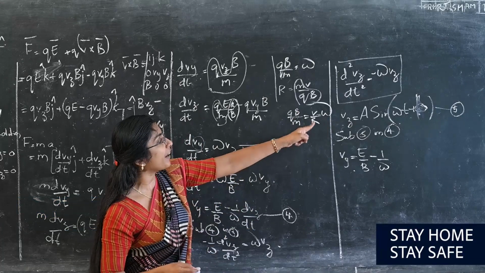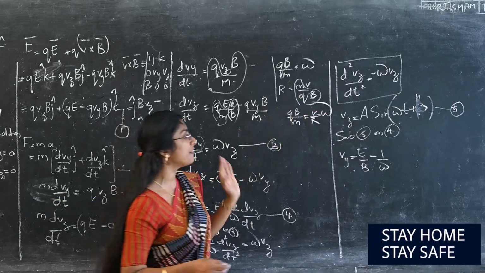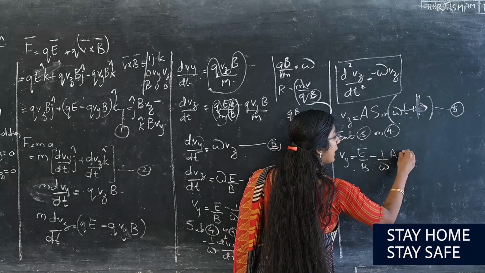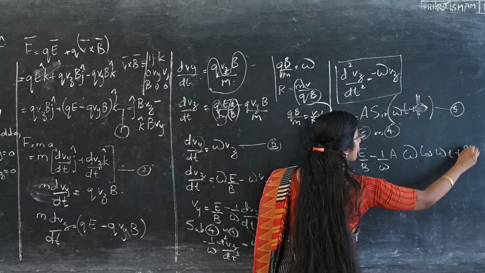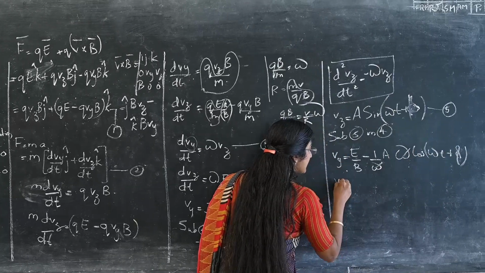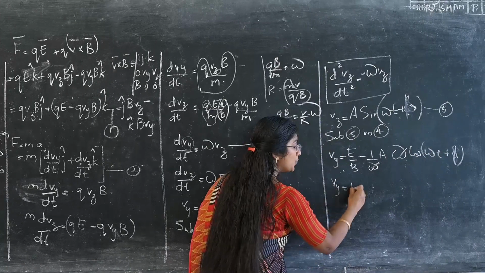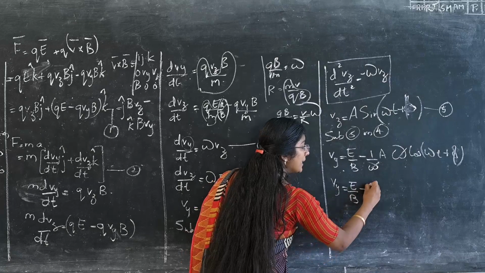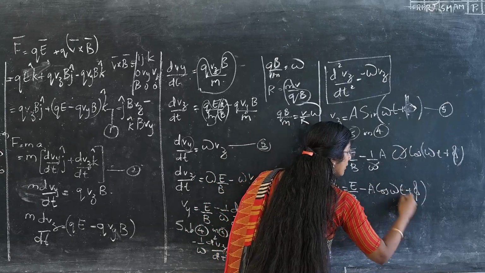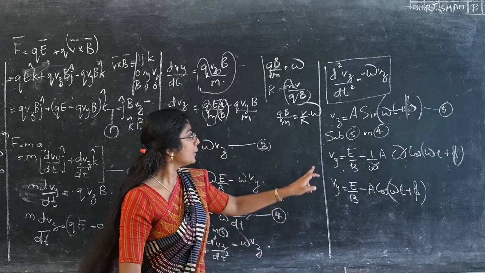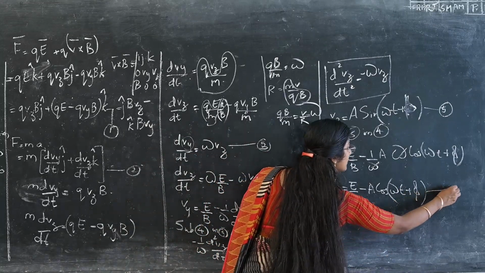D by dt of A sin(omega t plus phi), what is it? It is A omega cos(omega t plus phi). Omega cancels, I get my Vy is equal to E by B minus A cos(omega t plus phi). Let this be my equation 6.